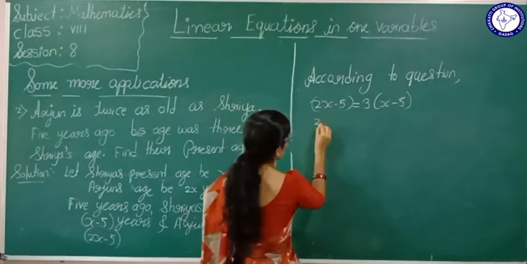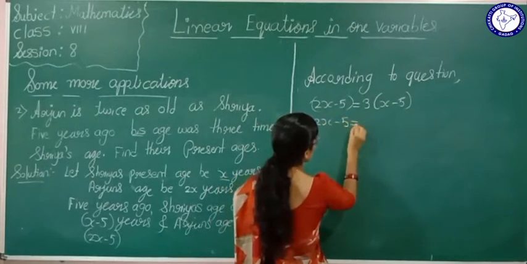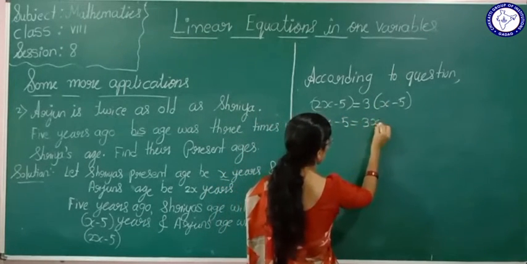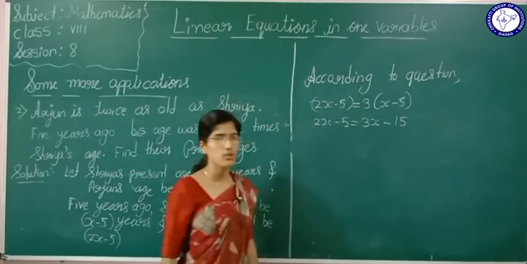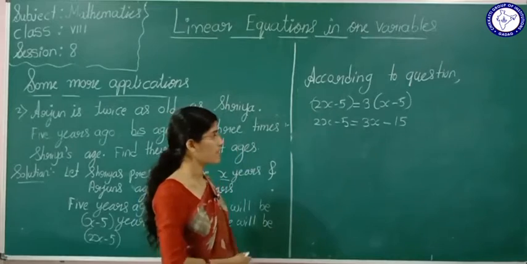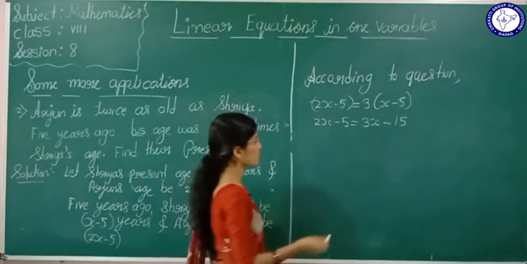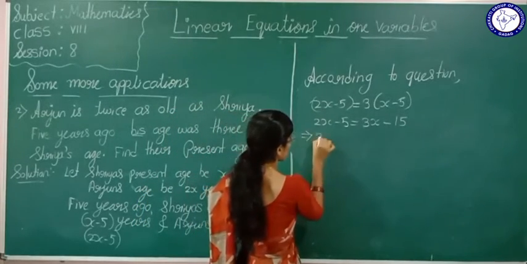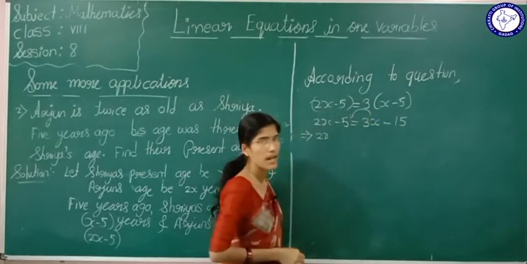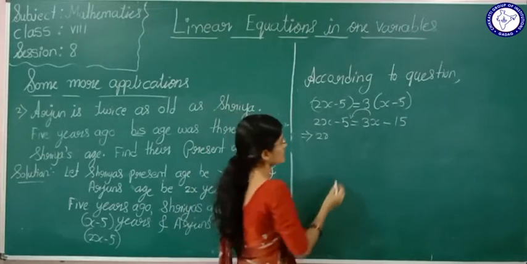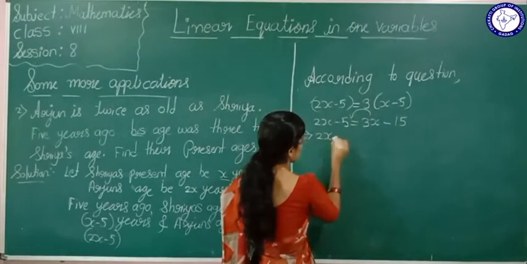Now see here, 2x minus 5 equals 3 into x, that is 3x, minus 3 fives are 15. Now you know how to solve if the variables are on both sides. See here, I am going to transfer this term to the left hand side. If you transpose, the sign will change.